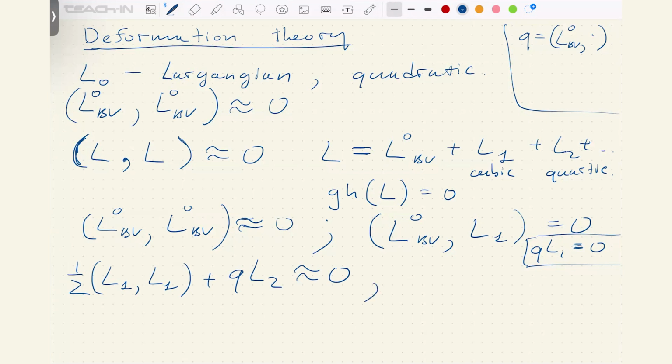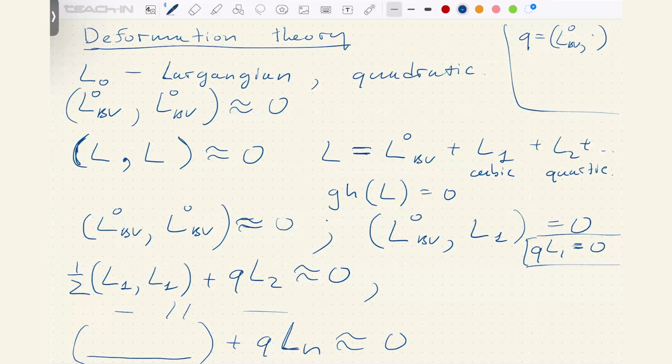And so on. At generic order, we will have some kind of expression plus QLN is 0, and this does not involve Ln. It only involves L with lower values of indices.